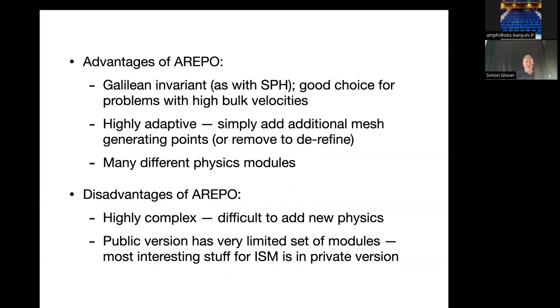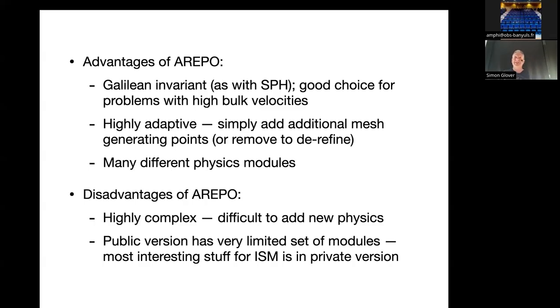It's very adaptive, and it's adaptive in a way that's more efficient than an AMR code, because we can just add individual mesh points to refine individual cells. We don't have to put down an entire finer mesh. If we want to refine, we can just add a few additional points or remove them again to de-refine. And in practice, it's used by a lot of people, and there's a lot of interesting physics modules available.